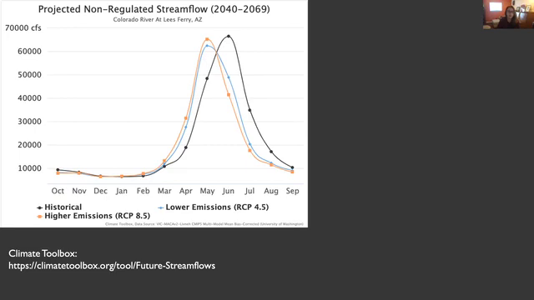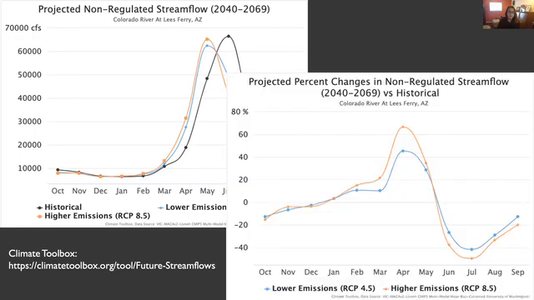And so we can see that the peak in stream flow is projected to occur about 1 month earlier, now in April to May instead of the June to July range. And this is based on either future scenario. And then percentage-wise, this means that we could expect much higher than normal stream flow in April compared to historical records, but much lower than normal stream flow during the summer months.